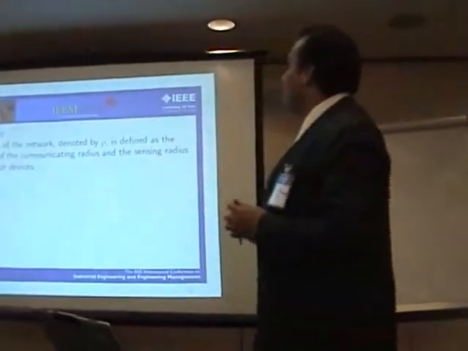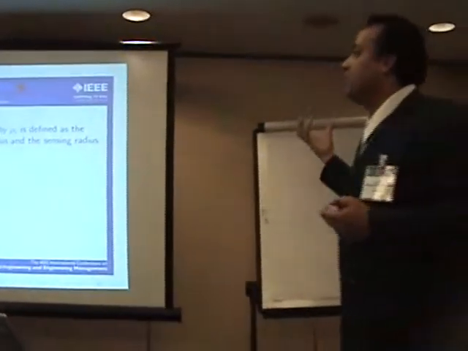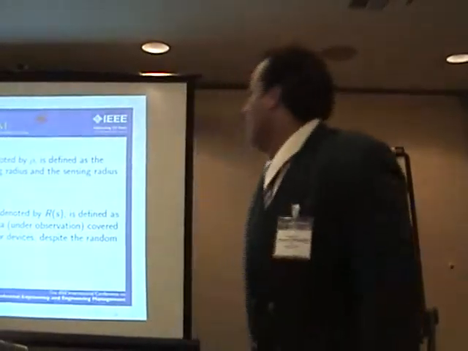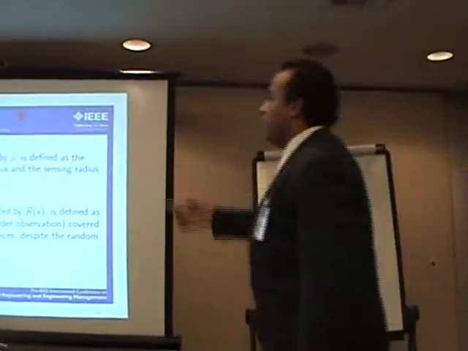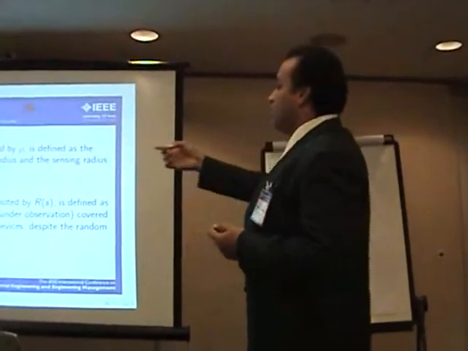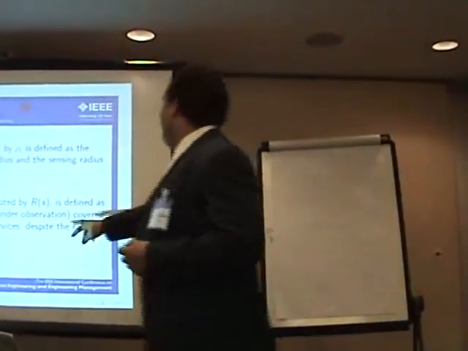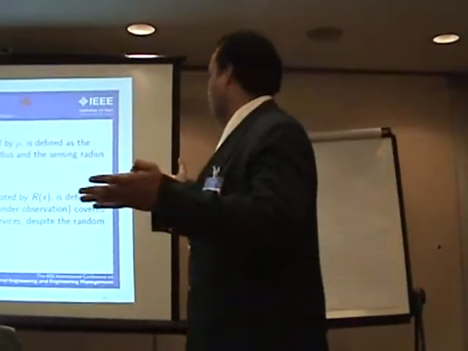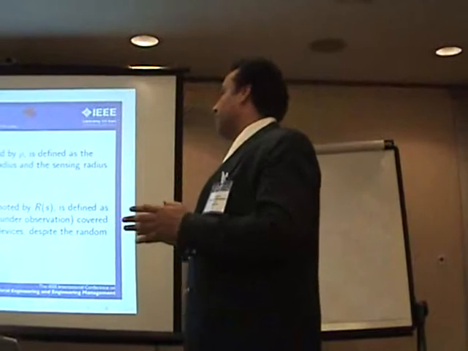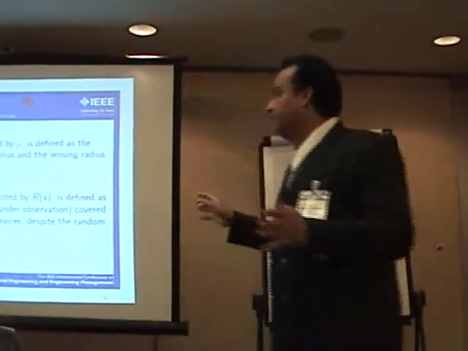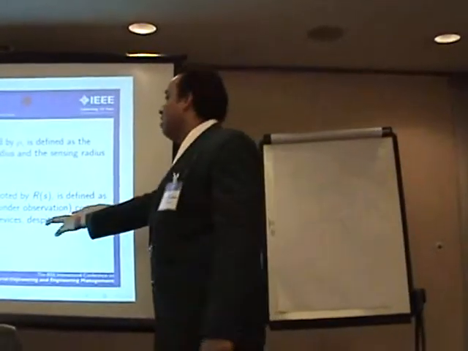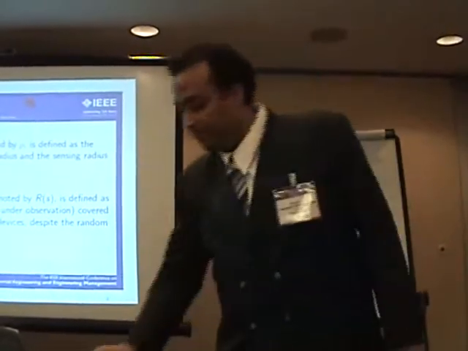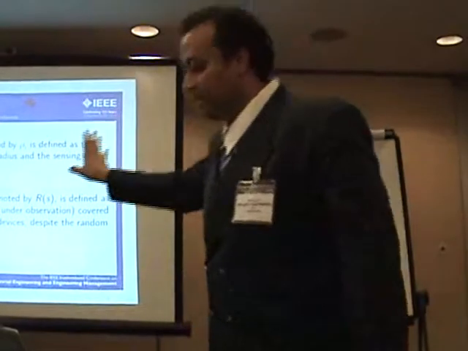That is defined as the minimum of the communicating radius and the sensing radius of a sensor device. And the other parameter, which is very important, is the robustness of the network. I denote it by RS. This is defined as the probability of having the area covered by a connected network of sensor devices, despite the random failure of S many sensor devices. A bit convoluted, but it makes sense.